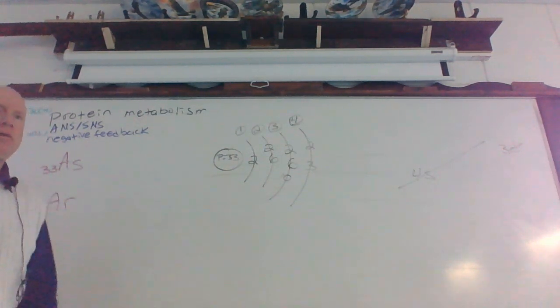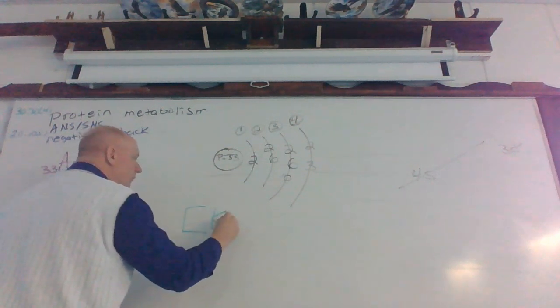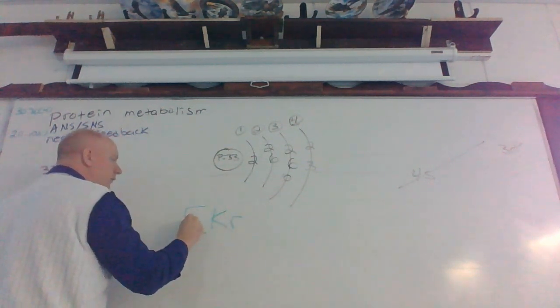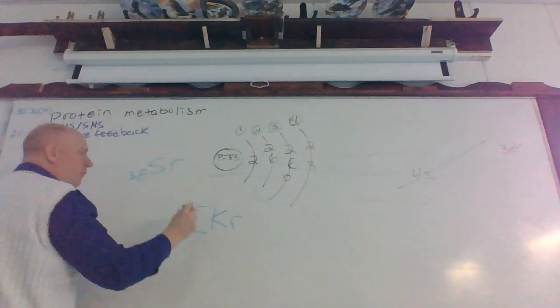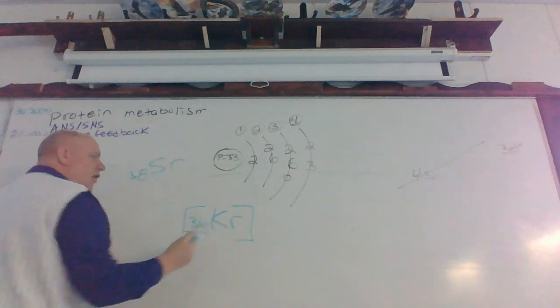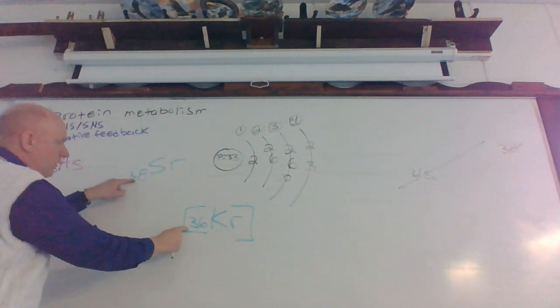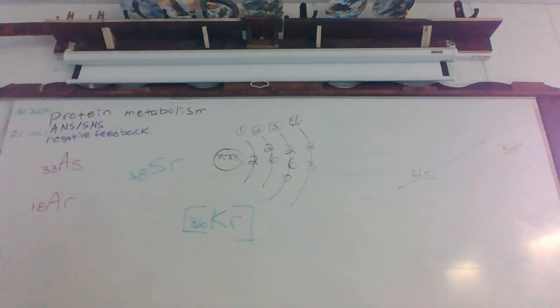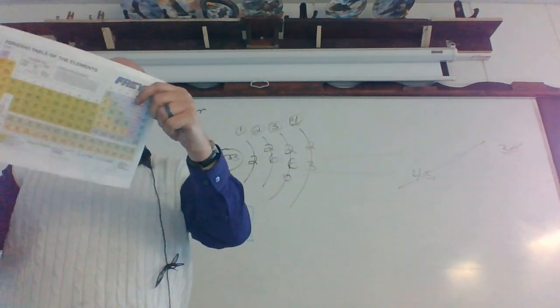If you go xenon, you're going up to 54. We want to go down to krypton, and that has an atomic number of what? Remember, we're doing this one, 38. Krypton is already up to 36. It looks like it says 35, but it's actually 36. So how many more do we have left to go here? Just 2. So what comes after the period that krypton is in?